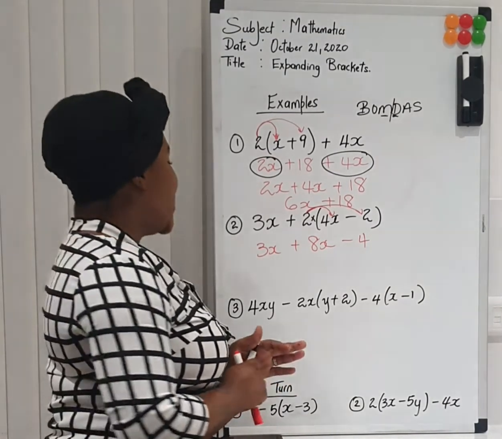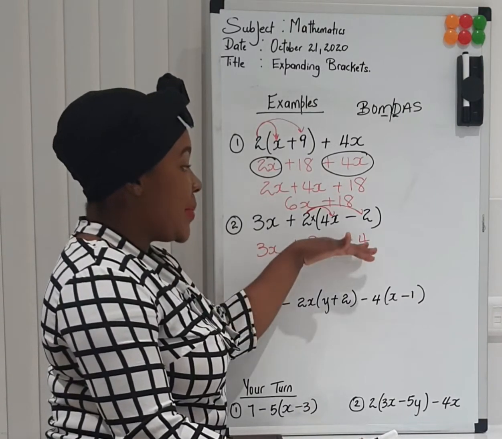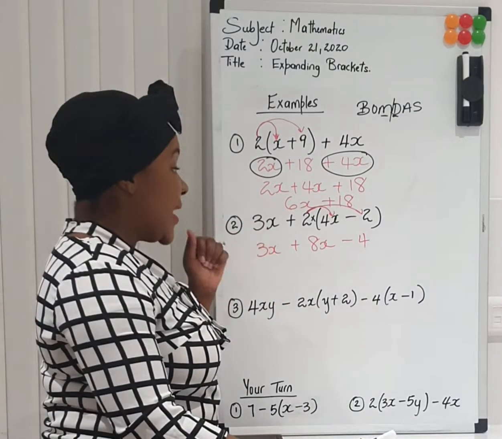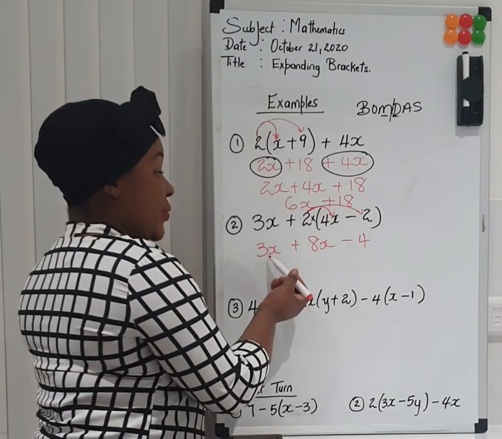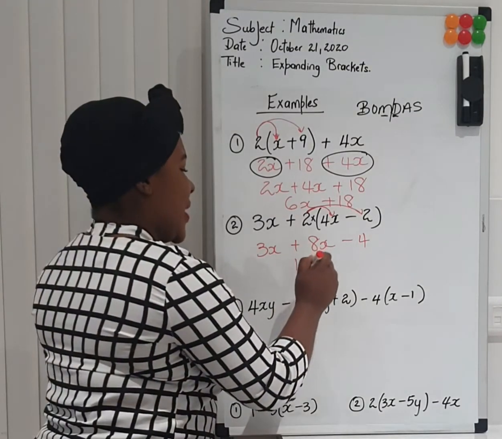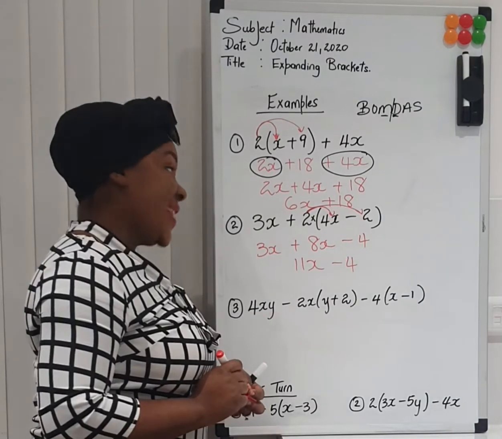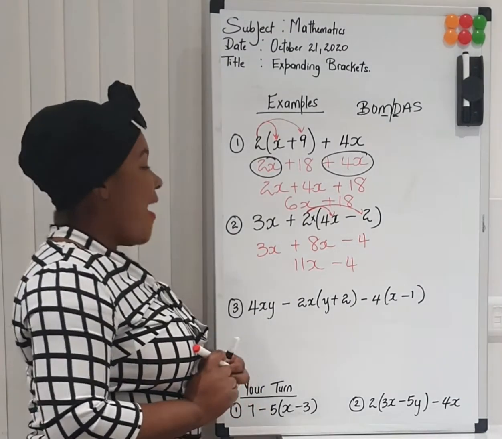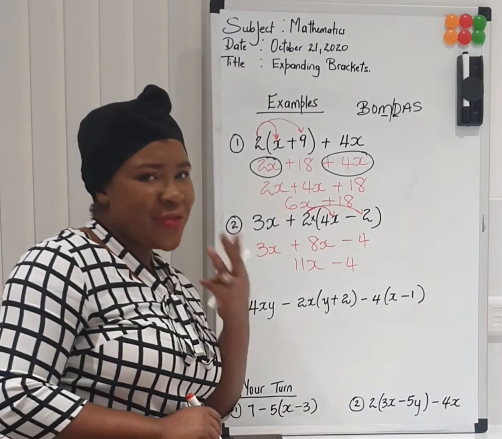So we look at it and we see 3x plus 8x minus 4. We realize that they are already grouped. So we just say 3x plus 8x, that's 11x. And then we have minus 4. And that's our answer.